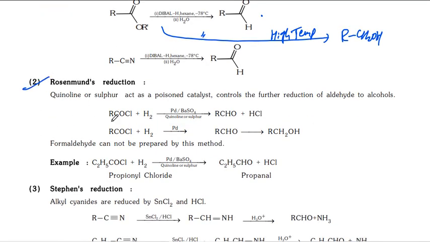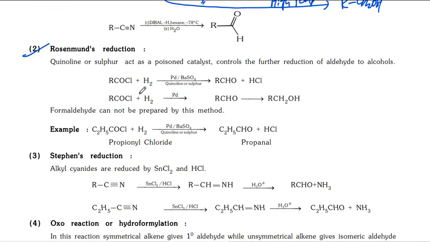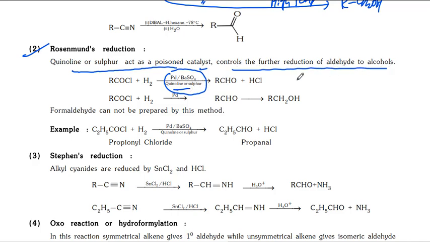Next, Rosenmund reaction, R-COCl, palladium barium sulfate. Here quinoline also we are using, it is also a poison. The quinoline or sulfur acts as poisoned catalyst, to control the further reduction of aldehyde to alcohols.